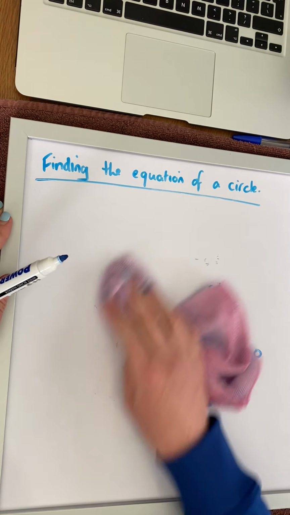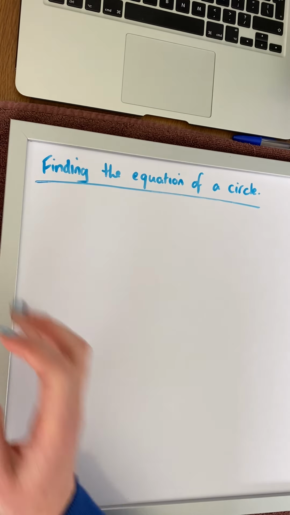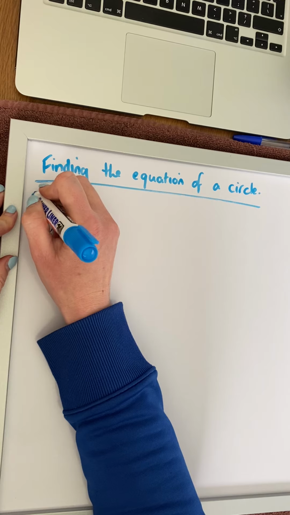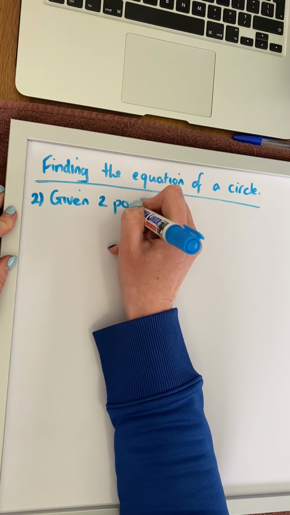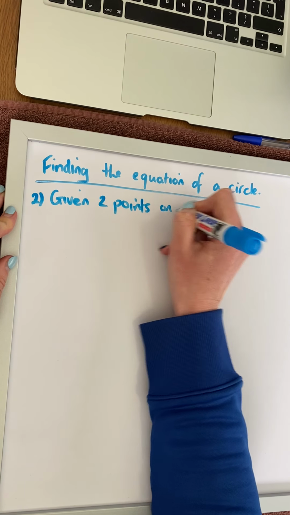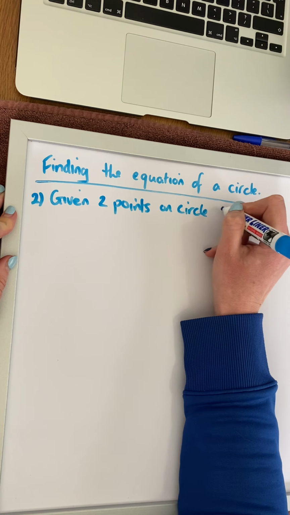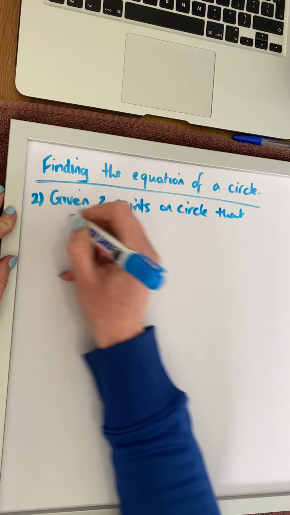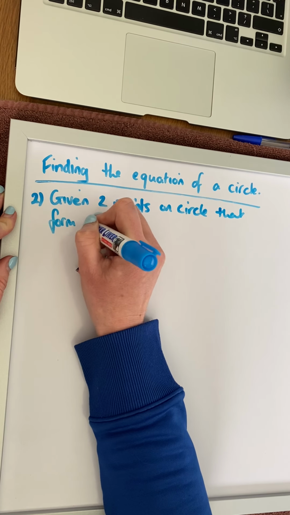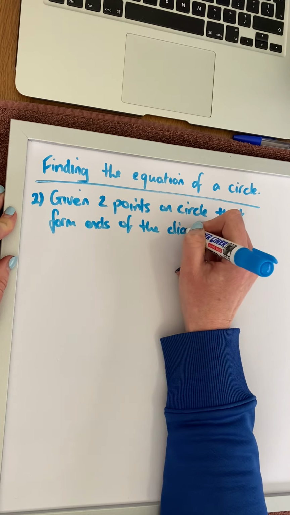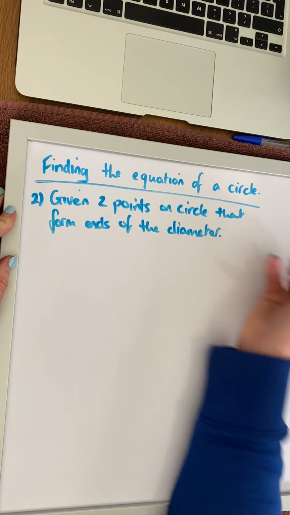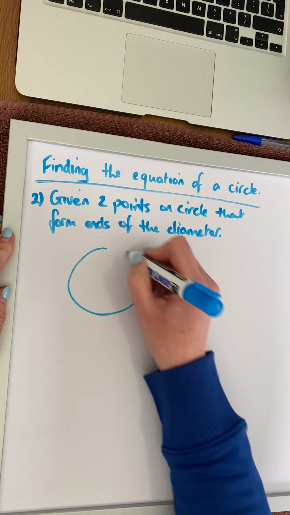So a second scenario that we're going to look at here is when we are given two points on the circle that form the ends of the diameter. So imagine our circle.